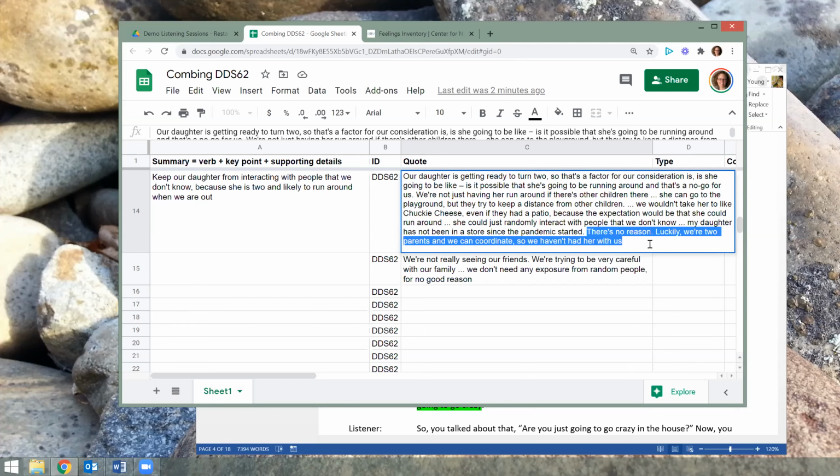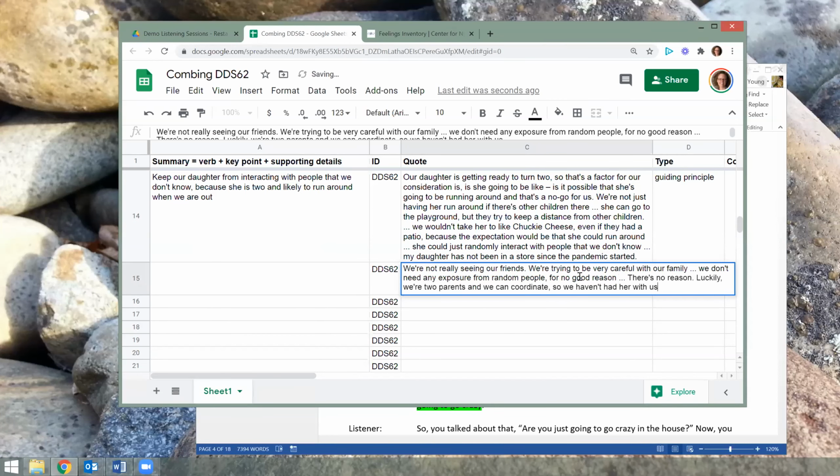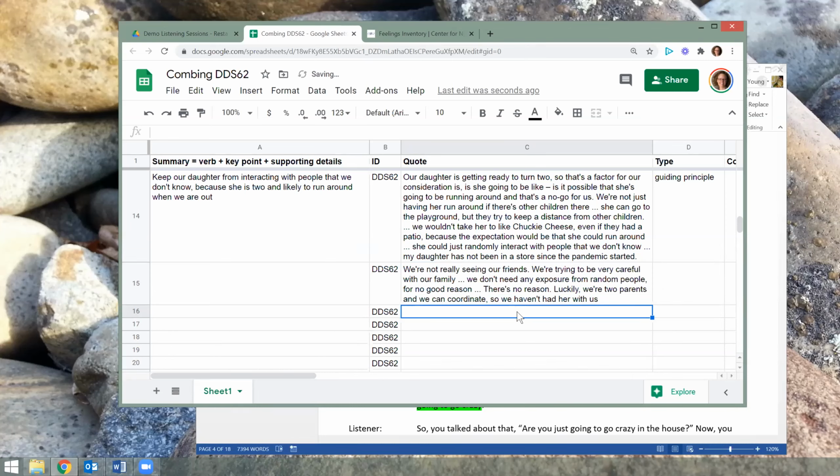What if we take this? I think the not been in the store part works there, but the no reason. We can coordinate. That's still about the daughter.